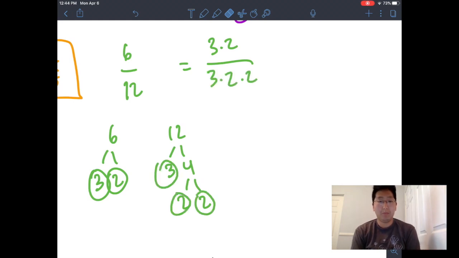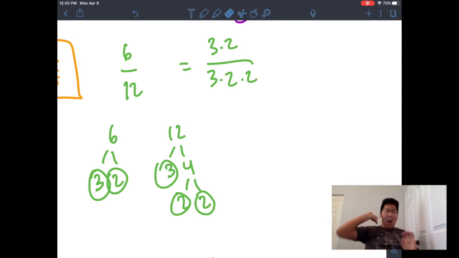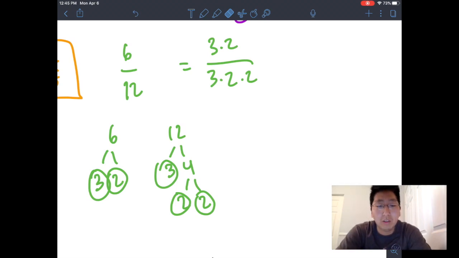Okay? So what we're doing right now is we're creating factors, and we're going to create giant ones. So here, do you see any ones we can create right here? Can we create any ones? Hopefully you saw 3 over 3 and 2 over 2.